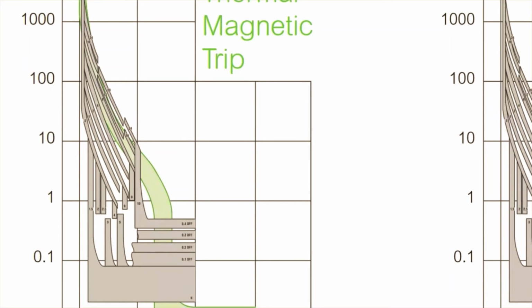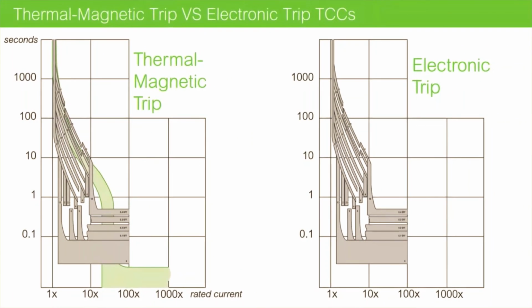In this greater range, you can adjust this electronic trip circuit breaker to one of the tighter tripping response time curves. Again, these electronic trip responses are only available on the molded case and insulated case circuit breakers. This time current curve is for one of our insulated case master pack circuit breakers.